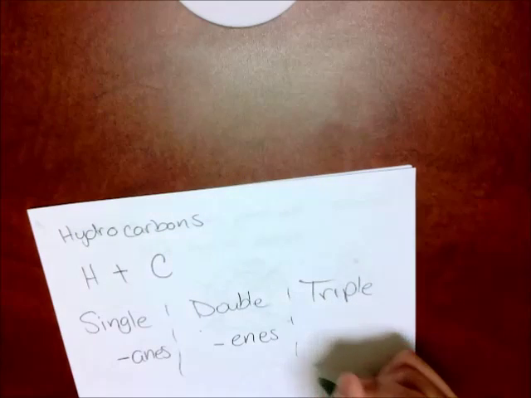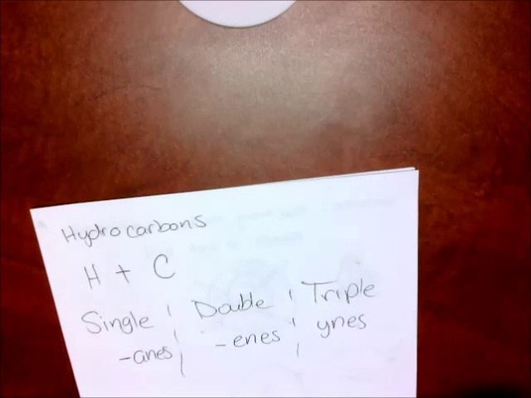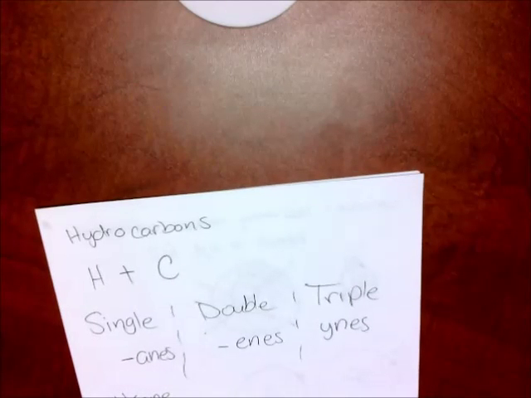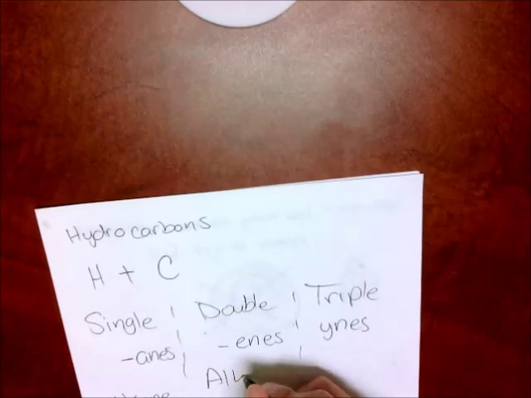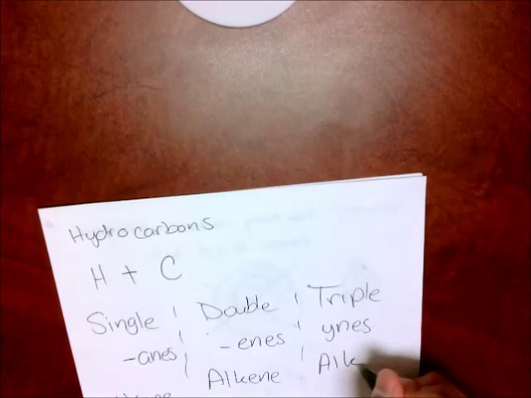And triple bonds are always going to end in YNE. How this would be pronounced is that this would be an alkane, with a K, if I'm not mistaken. This would be an alkene. And this would be an alkyne.